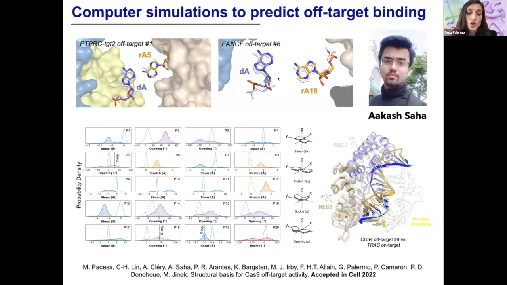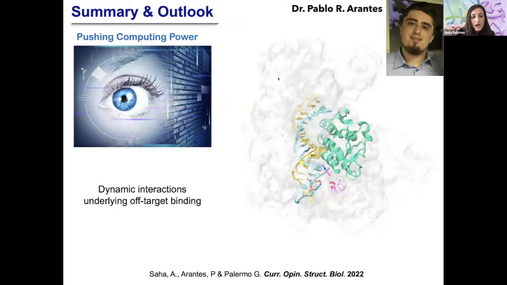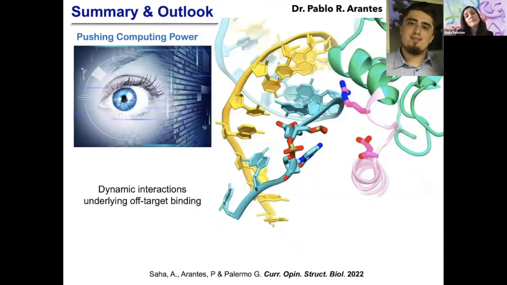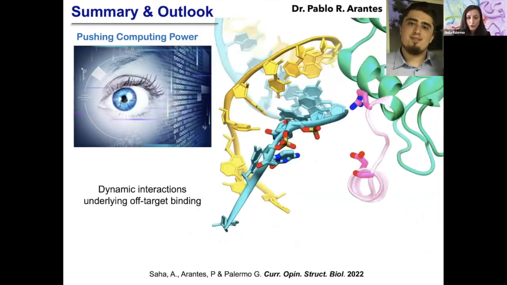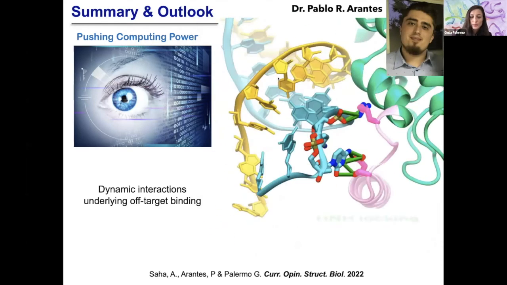But for the other positions, for which crystal structures were not present, we used enhanced molecular simulations to predict the conformations of mismatches. And this is a movie of the interactions underlying the binding of mismatched sequences at the level of HNH. You can see the locking of HNH in the presence of 4 base pair mismatches.